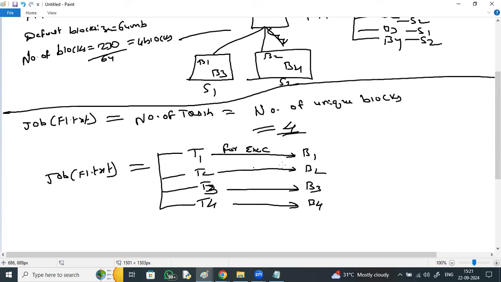Okay. T1 for executing B1, T2 for executing B2, T3 for executing B3, T4 for executing B4, right? Yes.